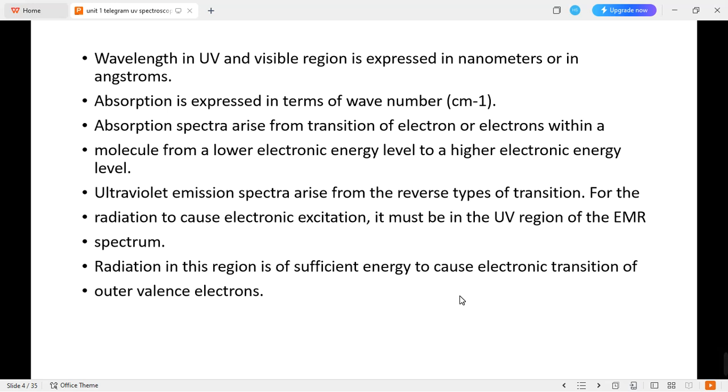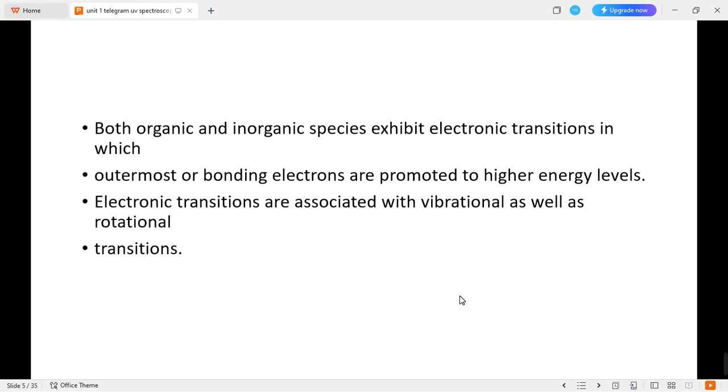Radiation in this region is of sufficient energy to cause electronic transition of the outer electrons, and both organic and inorganic species exhibit these electronic transitions, in which the outermost layer electrons are promoted to higher energy levels.